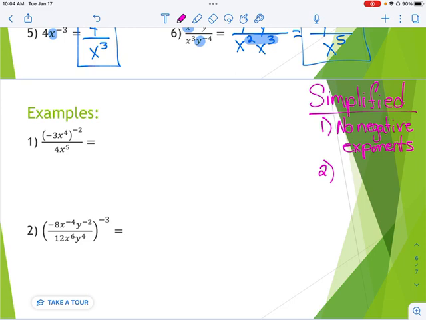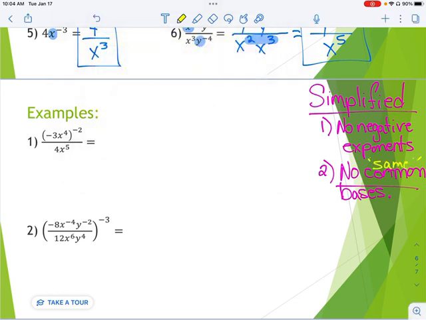The second thing is no common bases. Now remember, that word common simply means that it is the same, right?